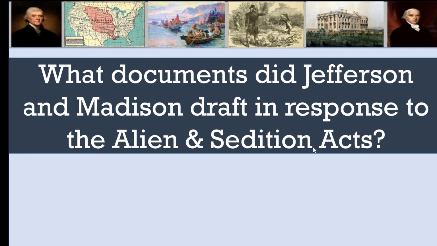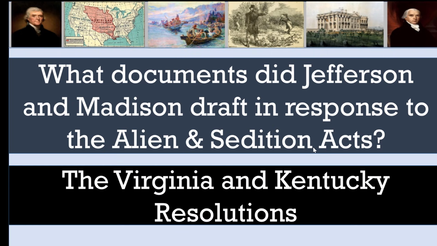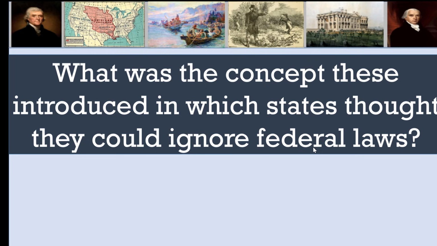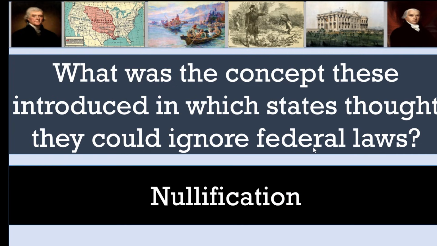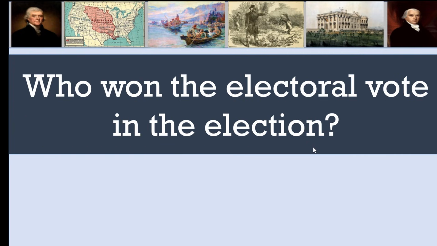What documents did Jefferson and Madison draft in response to the Alien and Sedition Acts, the ones that said states could ignore laws? The Virginia and Kentucky Resolutions. What was the concept that these documents introduced in which states thought that they could ignore these federal laws? Nullification. Who won the electoral vote in the election of 1800?